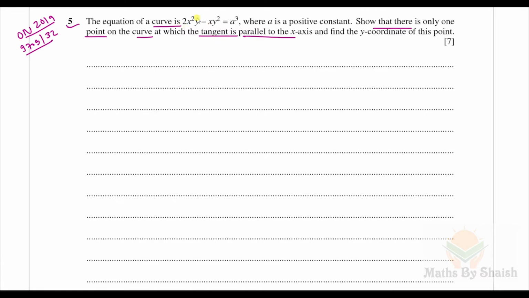So how do we do the differentiation implicitly? For that we are going to use the product rule. Here it is 2x²y. I'll take this 2 as a constant, x² as one function, and y as another function, and differentiate both sides. We get 2 times x² as it is, and the differentiation of the second function, dy/dx, plus the second function y as it is, and the differentiation of x², which is 2x.